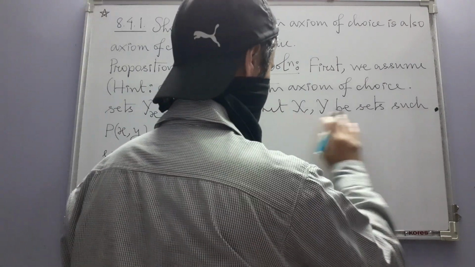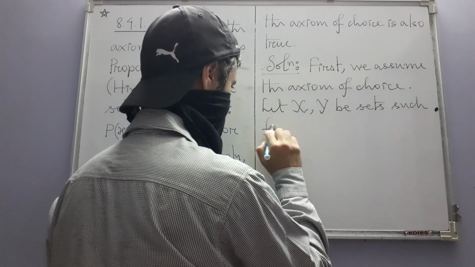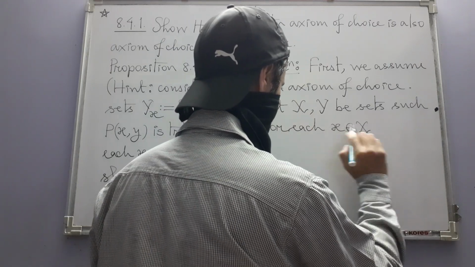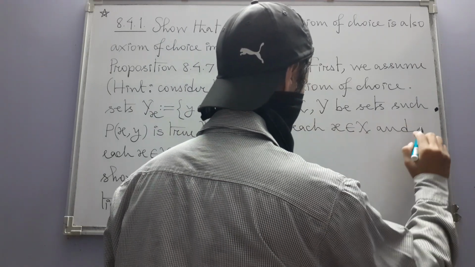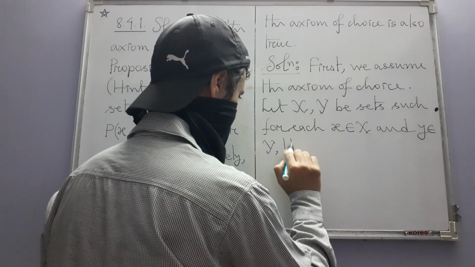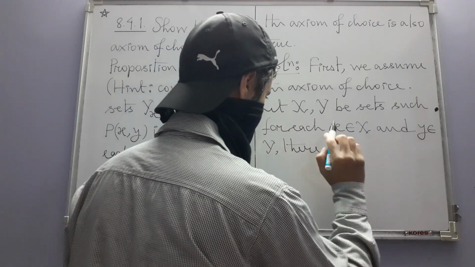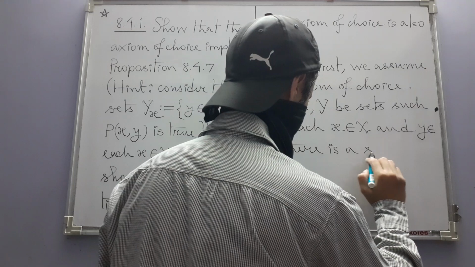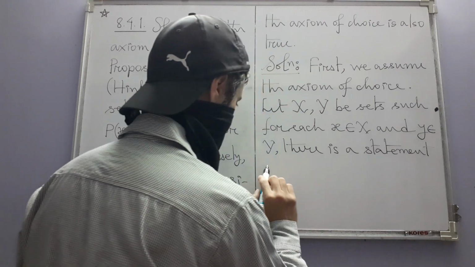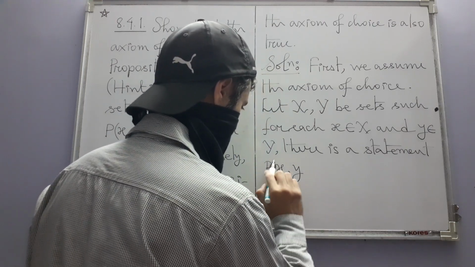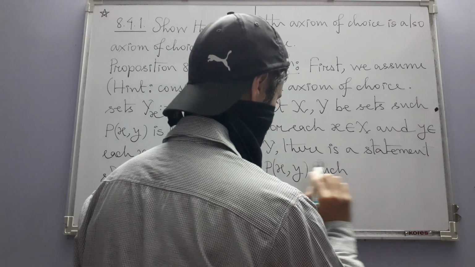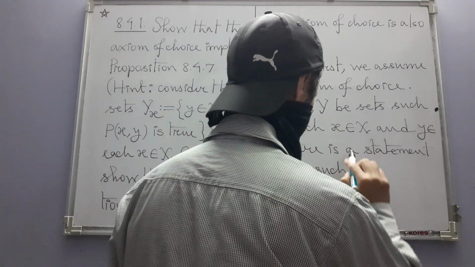Okay, let these be sets such that for each element x in x and y in y, there is a statement p of x comma y such that, it's a somewhat long sentence, but let's see.